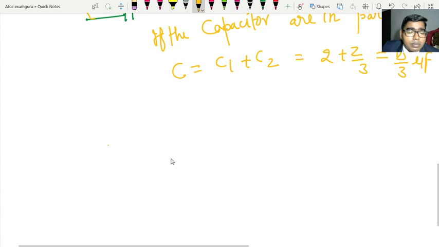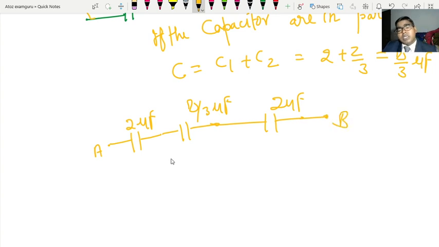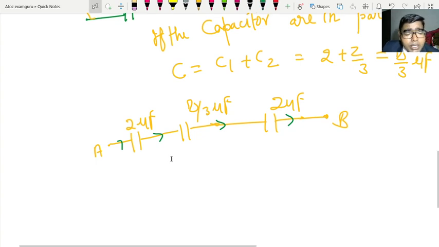It is 2 microfarad, then 8 by 3 microfarad, and now this 2 microfarad is B. If you have any dilemma, question or confusion about what to do, simply apply the same thing.